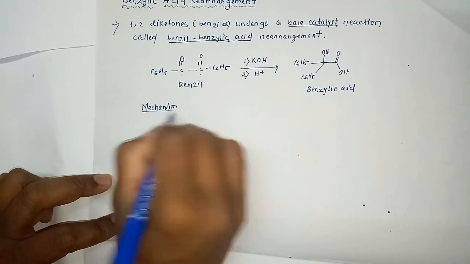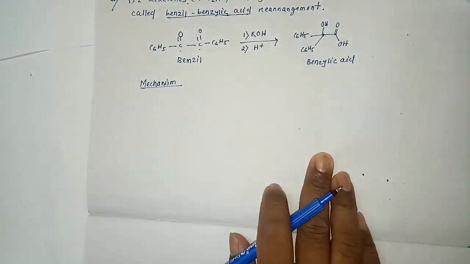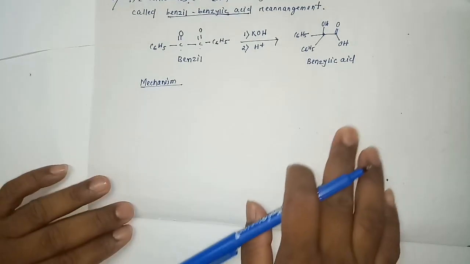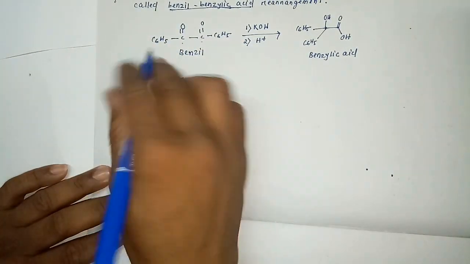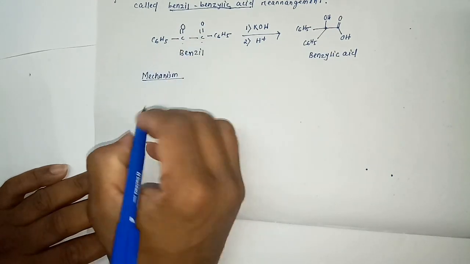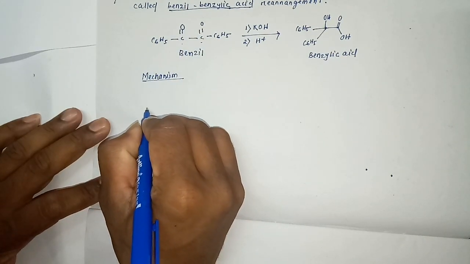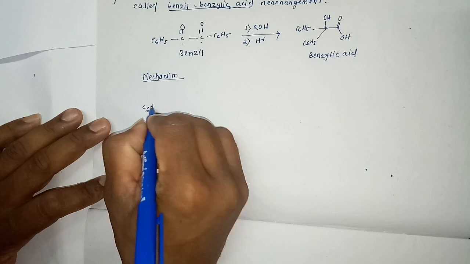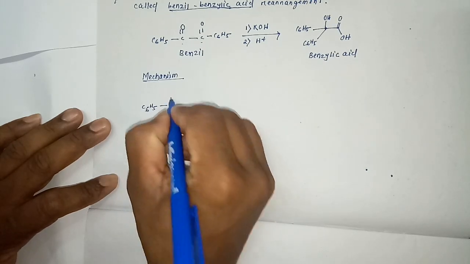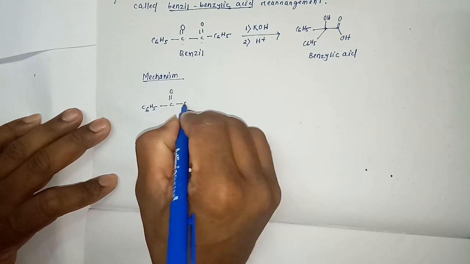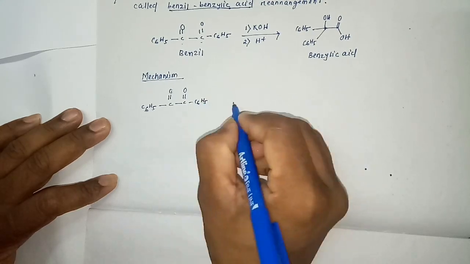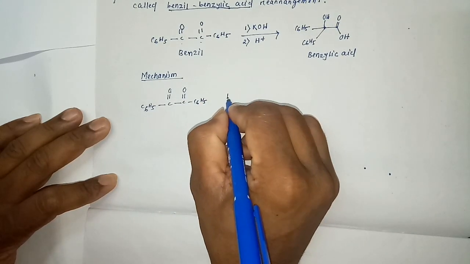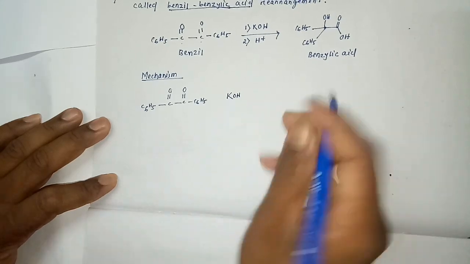Okay friends, for example, we have benzil, a 1,2 diketone, C6H5-C=O-C=O-C6H5, and we have KOH, potassium hydroxide.